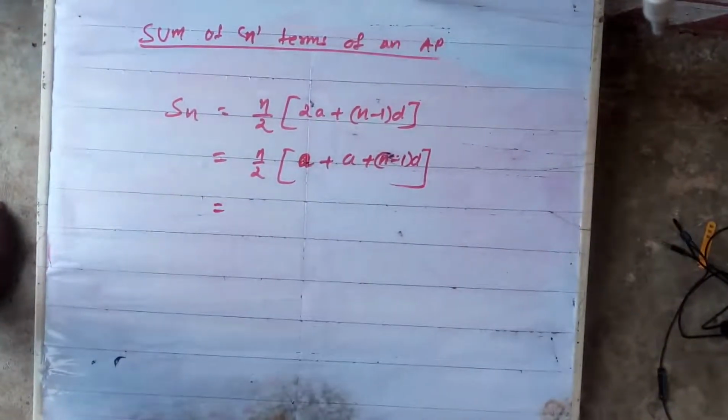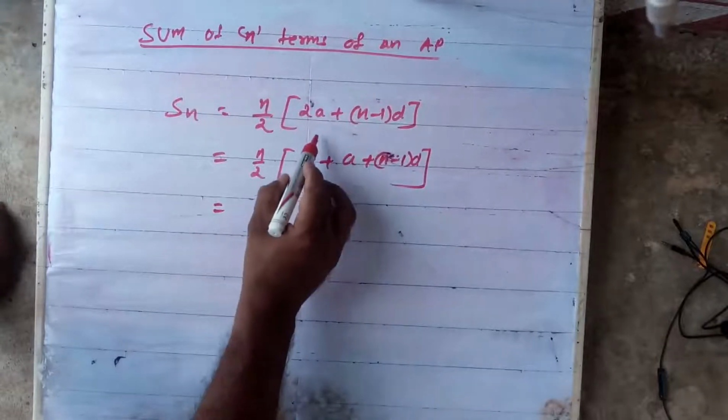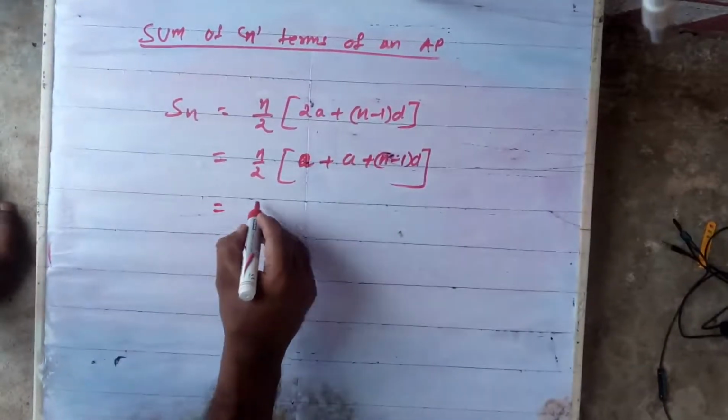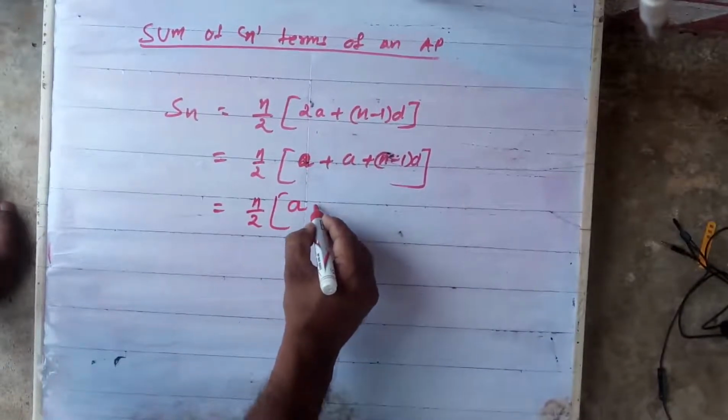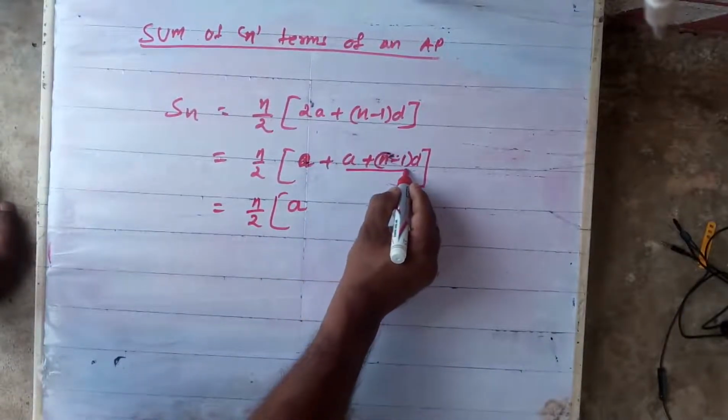Is there any mistake in my writing? So, okay, thank you. So, a as usual, a plus n minus 1 into d.